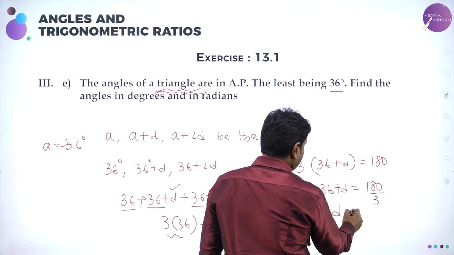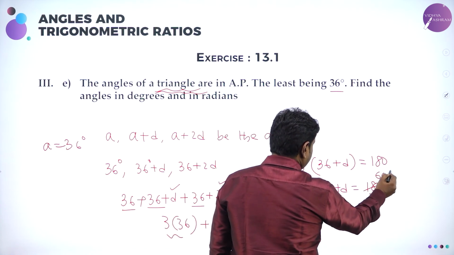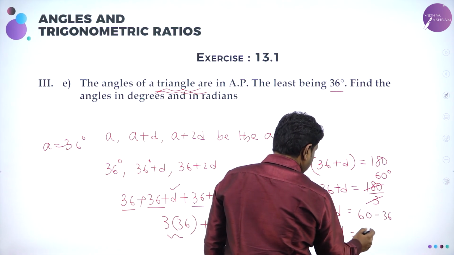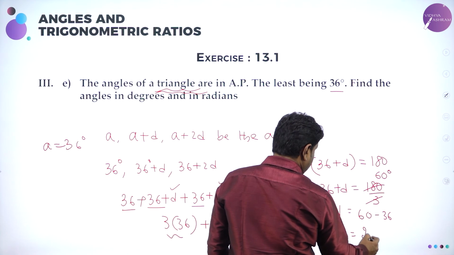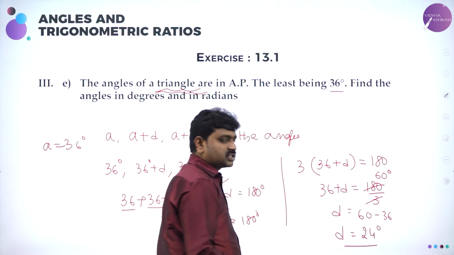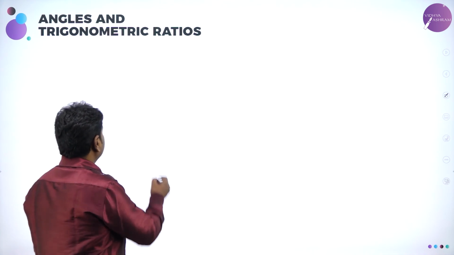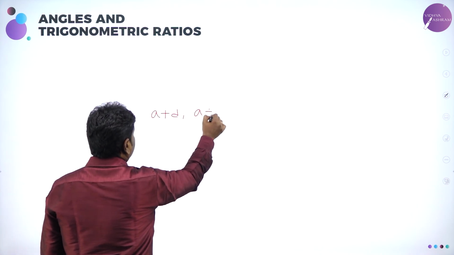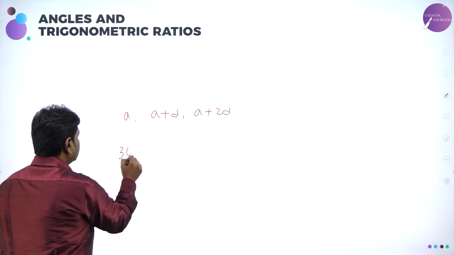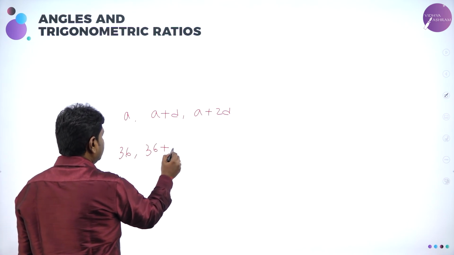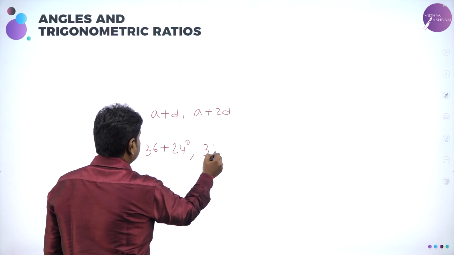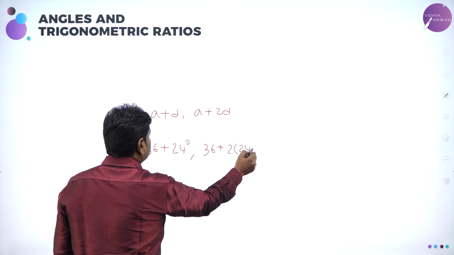So now D is what? This is 60, so D is 60 minus 36. The common difference you will get is 24 degrees. Once you know the common difference, can't you write the terms? A is 36, then 36 plus D, with D exactly 24, and 36 plus 2 times 24 are the angles.